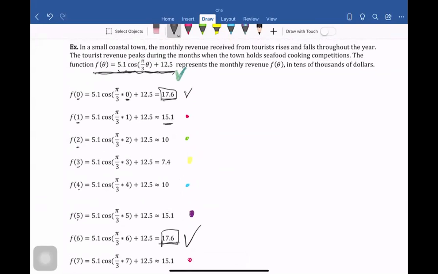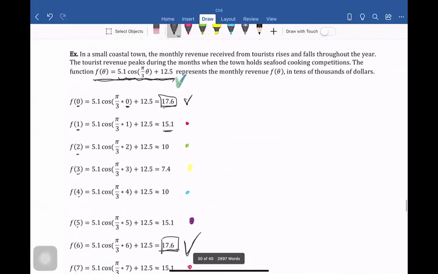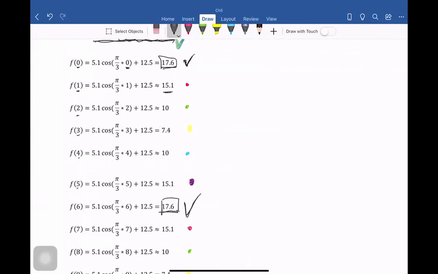You see here the same, and the following numbers, they are the same. So this is a periodic function, and when the revenue peaks, that means the greatest value of the function is here and here.